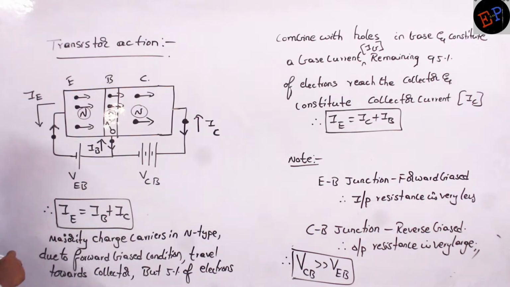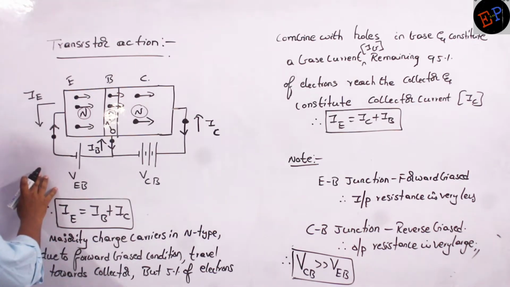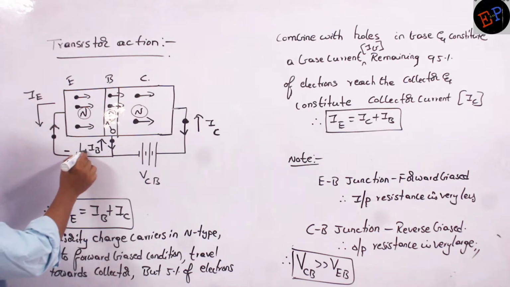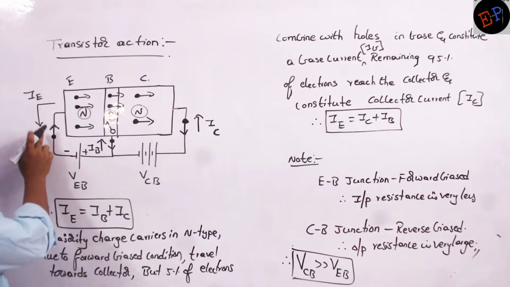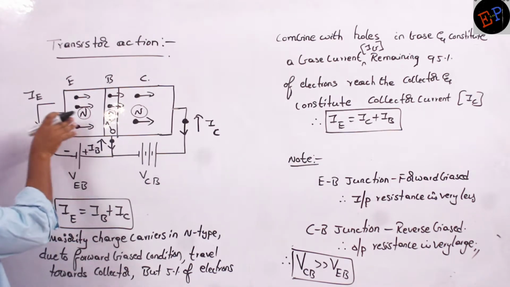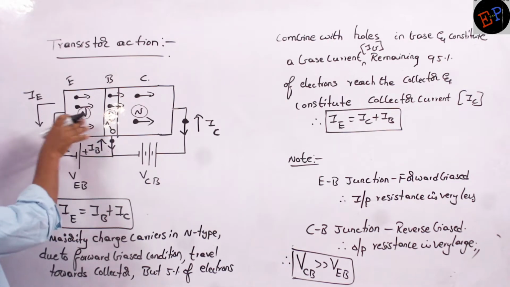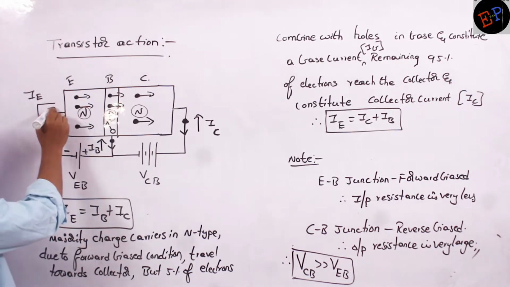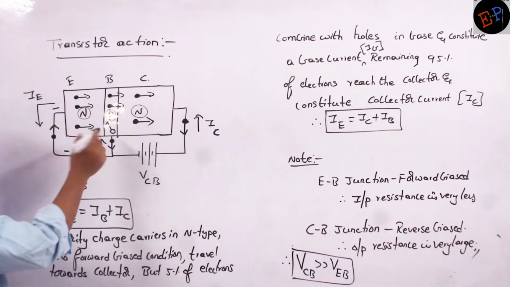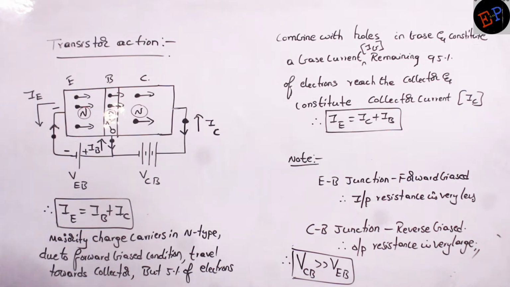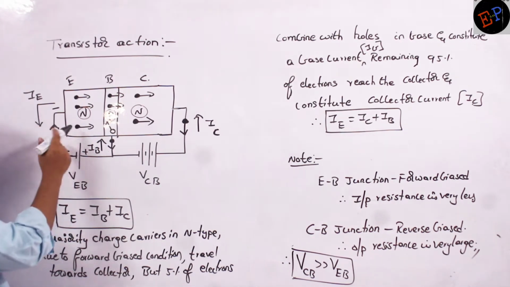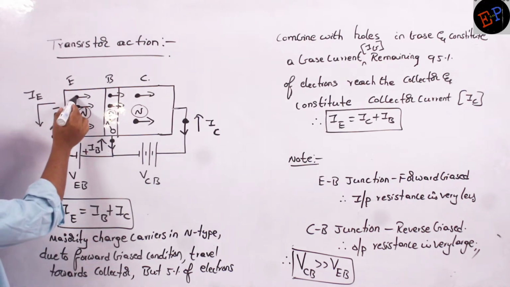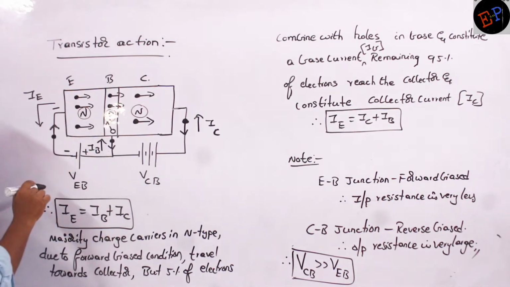So here it is the negative terminal, here it is the positive terminal. This negative terminal of the battery will force the electrons out of the emitter, because it is forward biased; it will push the electrons towards the base.